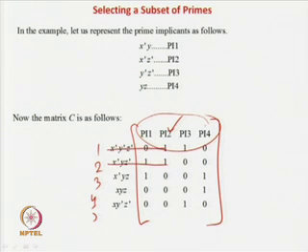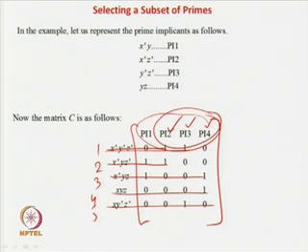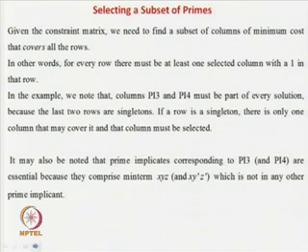If I take P4, it covers 3 and 4. One is remaining, so if I again take this one, then 5 is also covered. Some of the terms will be covered twice, and that is not a problem. If I take P2, P3, P4, then all the terms are covered. So you have to take a minimal subset so that all the terms are covered. Let us see how it can be done.